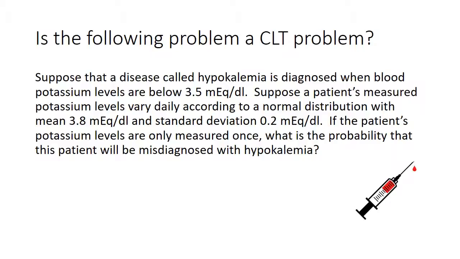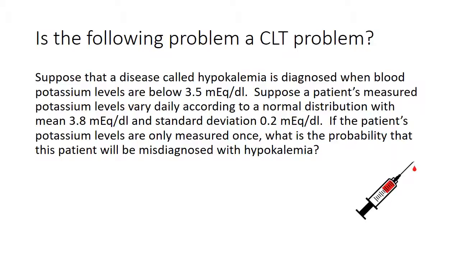All right, how about this one? Suppose that a disease called hypokalemia, I think that's how you pronounce it, is diagnosed when blood potassium levels are below 3.5, I think that's milliequivalents per deciliter.